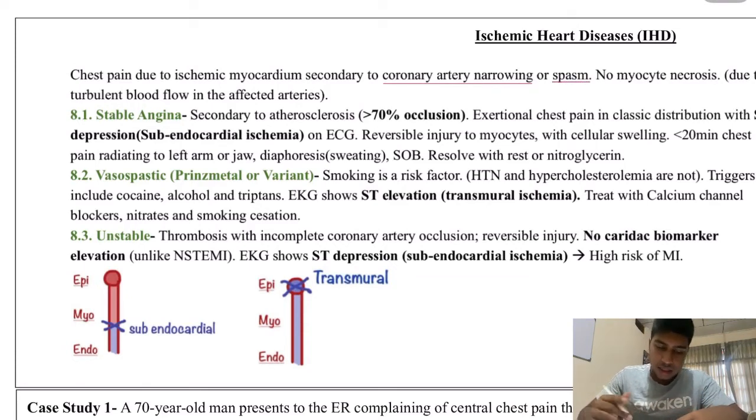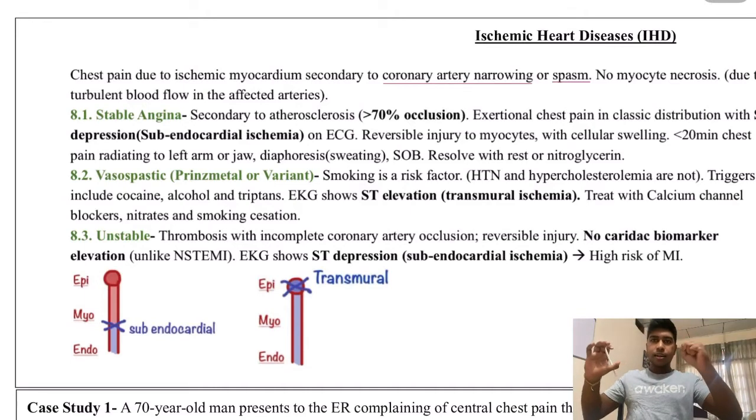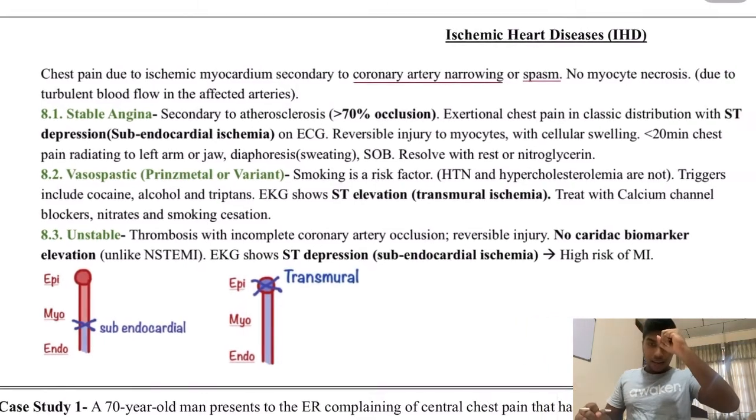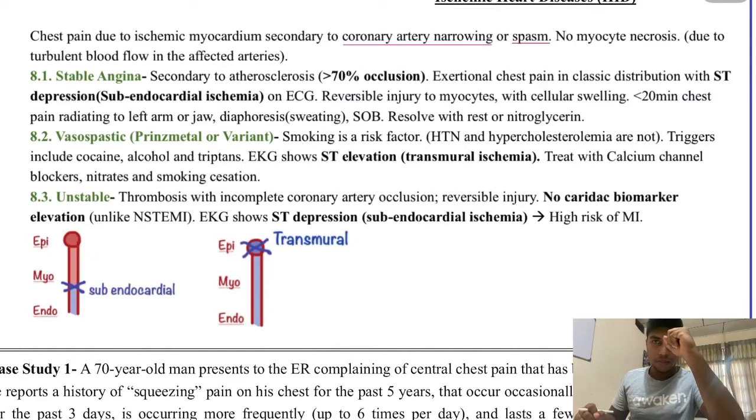This occurs due to coronary artery narrowing, or this is important, spasms. What is a spasm? The muscle suddenly constricts. The smooth muscles in the blood vessel will suddenly constrict. Now that is called vasospasm, the blood vessel spasms.